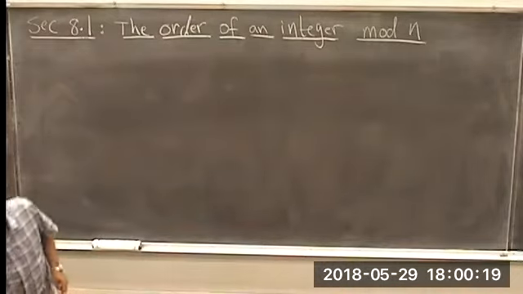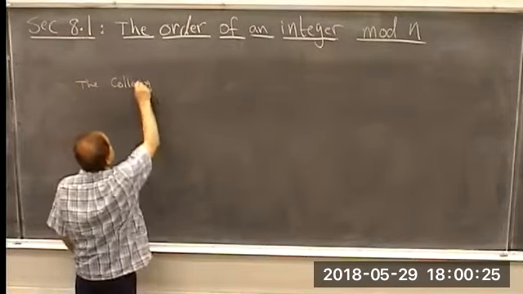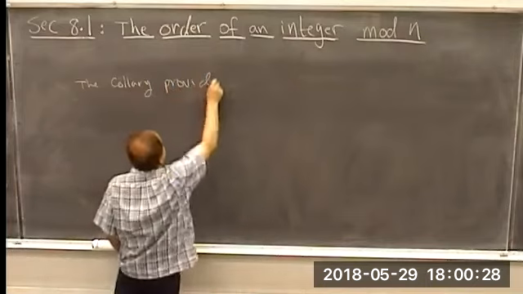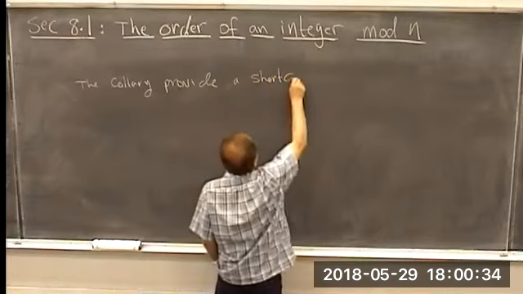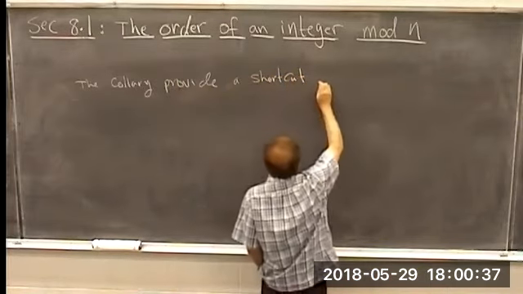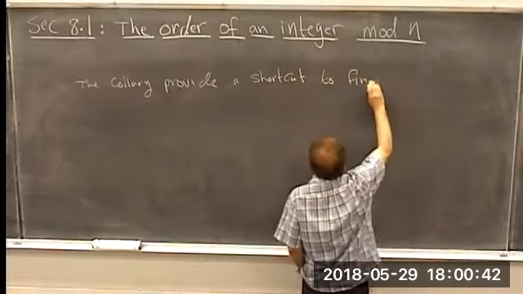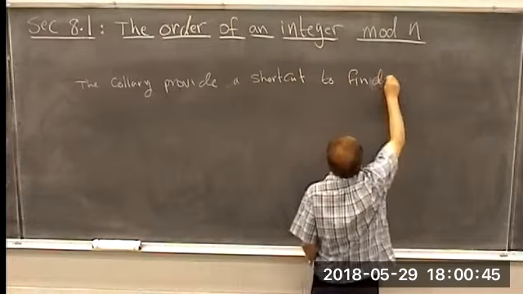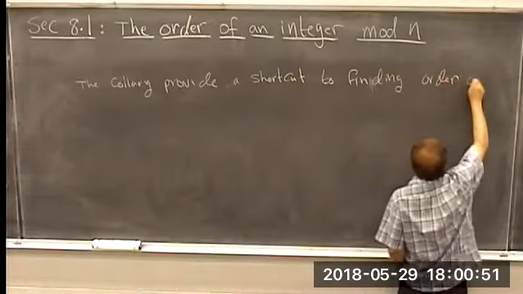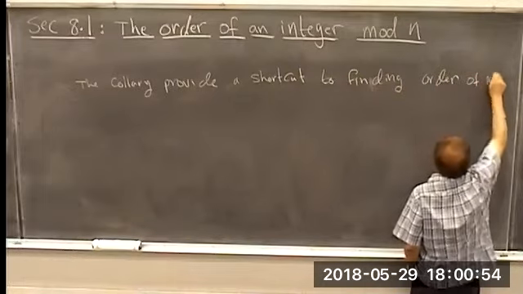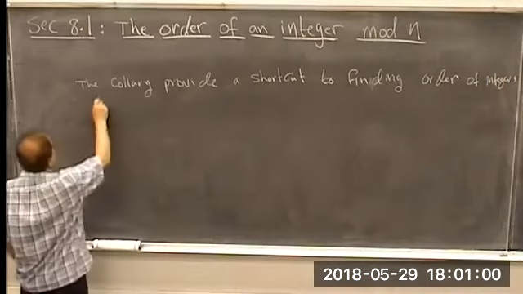Corollary provides a shortcut to finding orders of integers. Some examples.